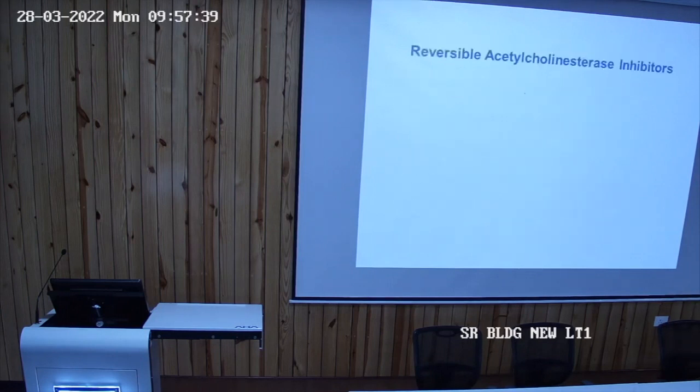There are other drugs also, the reversible acetylcholinesterase inhibitors. Acetylcholinesterase was breaking down the excess acetylcholine; these are drugs that inhibit it. So with a reversible acetylcholinesterase inhibitor, the action of acetylcholine will be enhanced. The availability of acetylcholine increases and it starts to work more.